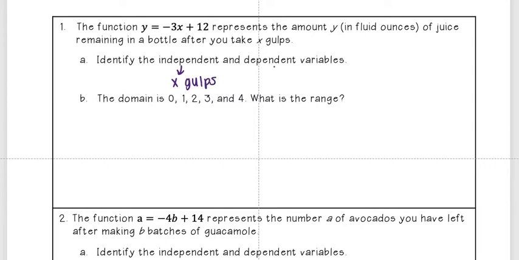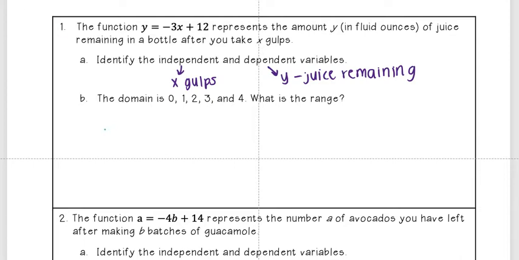My dependent variable is always my y, which was juice remaining. So again, the amount of juice remaining in a bottle really depends on how many gulps you took of that juice.